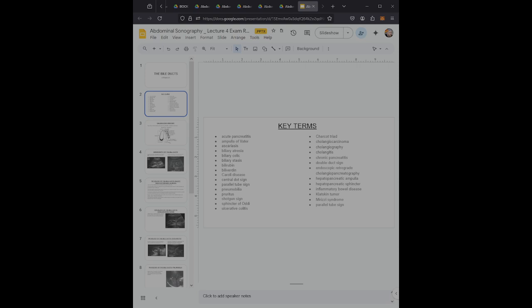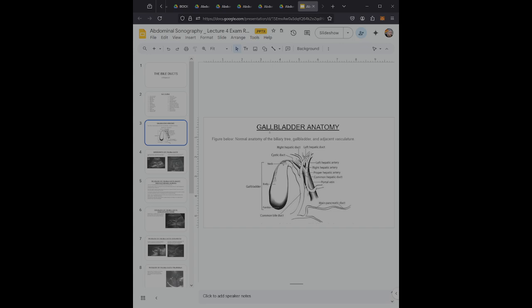Not to be differentiated from the parallel tube sign. And the sphincter of Oddi is a muscle that controls the emptying of bile and pancreatic juices into the duodenum. Ulcerative colitis is an inflammatory bowel disease that leads to the development of ulcers within the bowel.